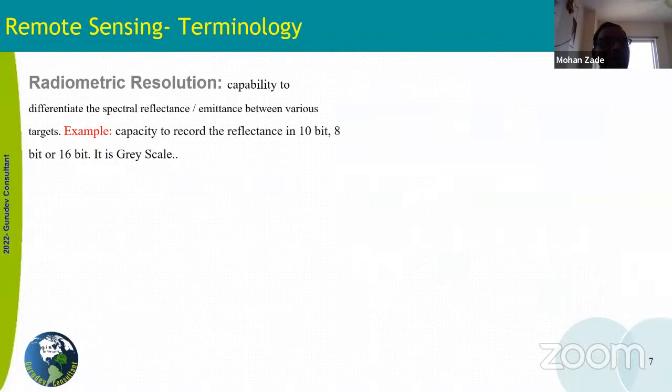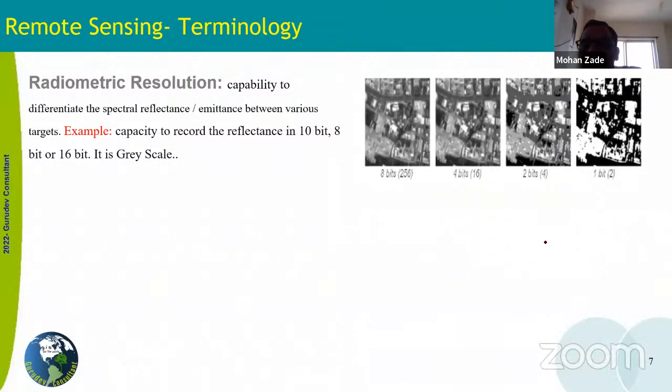The third is radiometric resolution. Radiometric resolution is nothing but recording the reflectance in different bytes or bits. Suppose you have images of very high resolution as well as more information in them, or the digital number is more. If that digital number is more, then you can have a very good image.